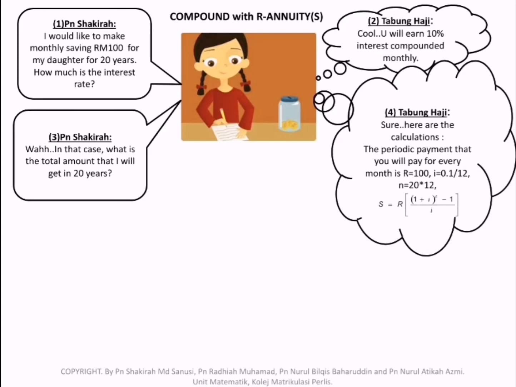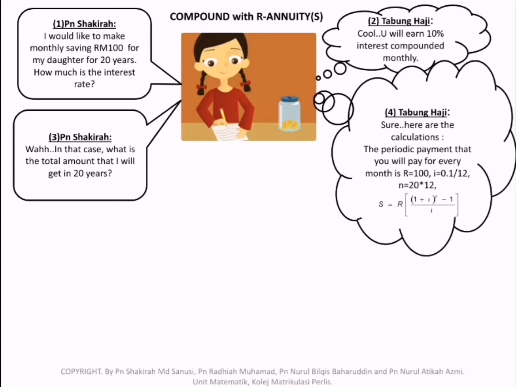And then you will put all the information inside the formula S, which is S equals R times 1 plus I in the bracket power of N minus 1 over I.